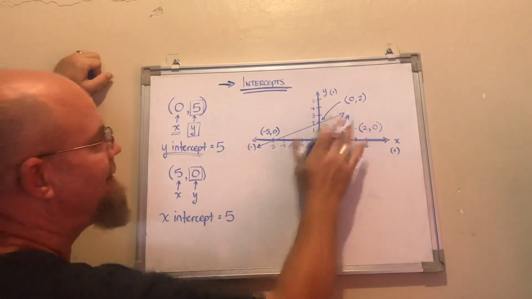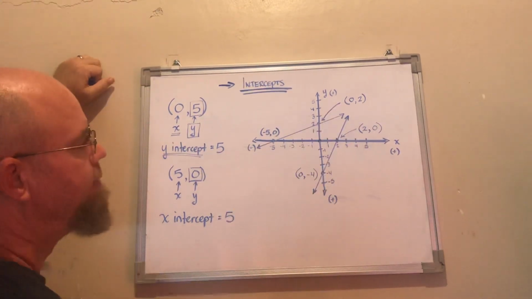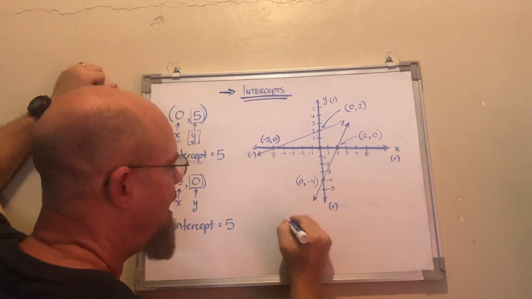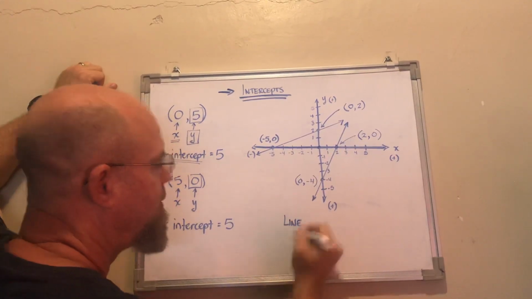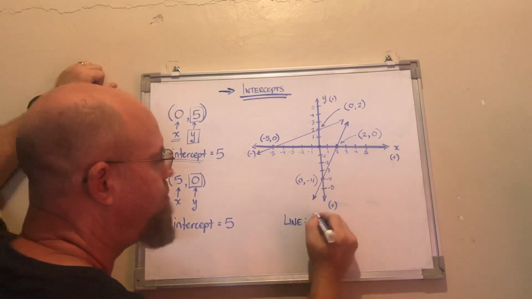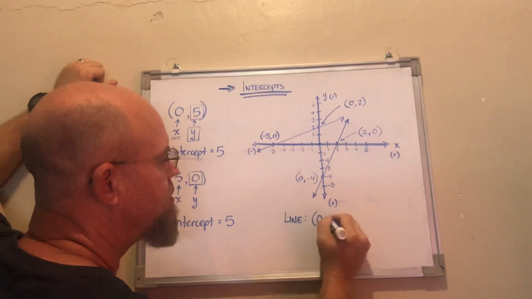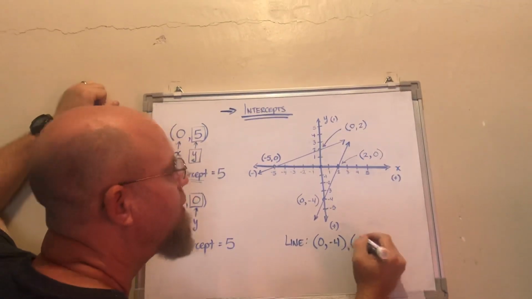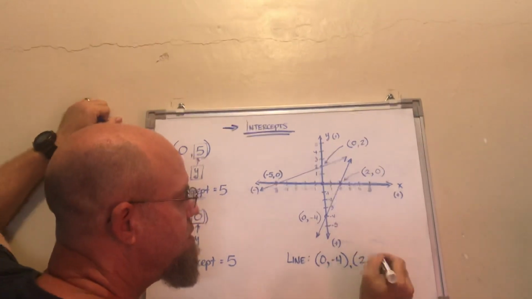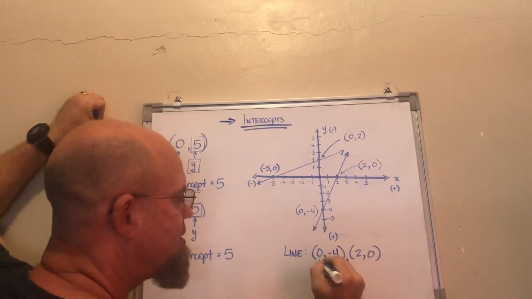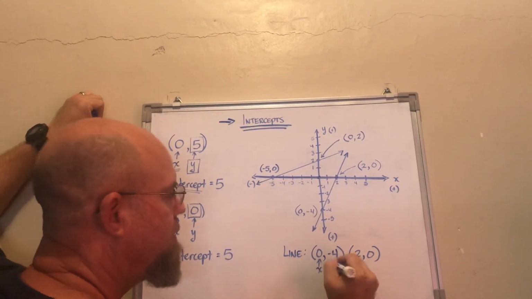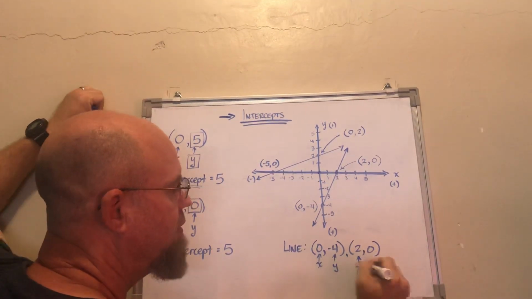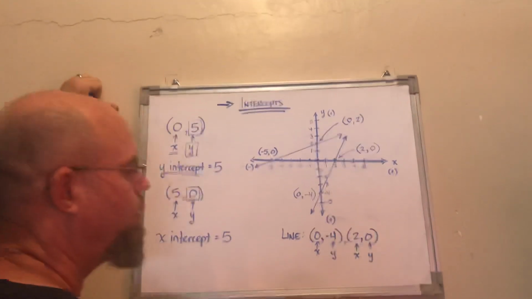If we look at these two lines that I drew here, we can visually see a line that is represented by point 0, -4 and point 2, 0. We know this is the x value and this is the y value, and we also know that this is the x value and that's the y value of that point.